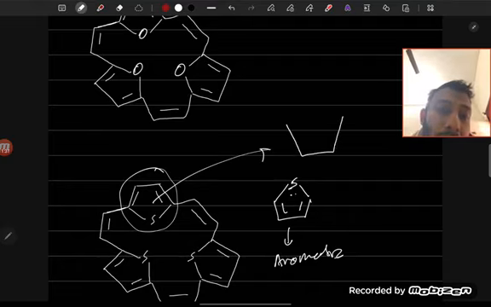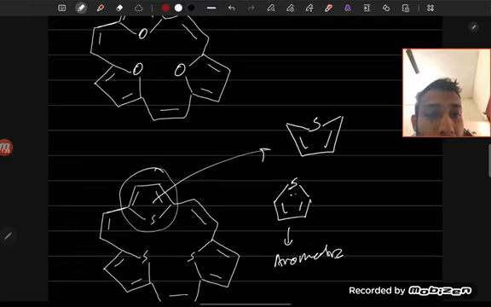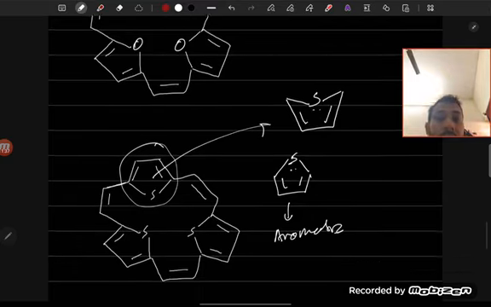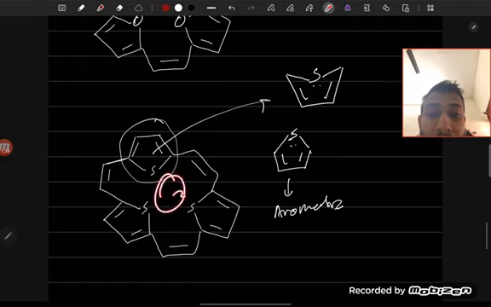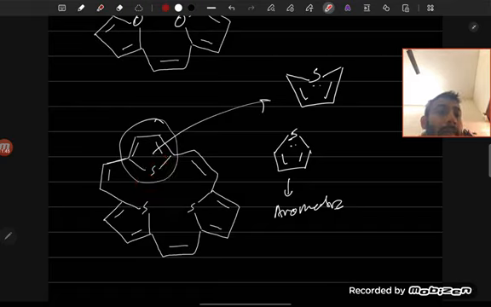Because it turned itself into this kind of structure, because of the small size of the cavity and the big size of the sulfur atom. So they repel from that cavity and flip themselves in such a way that repulsion decreases, and because of that flipping, the aromaticity of that thiophene decreases.